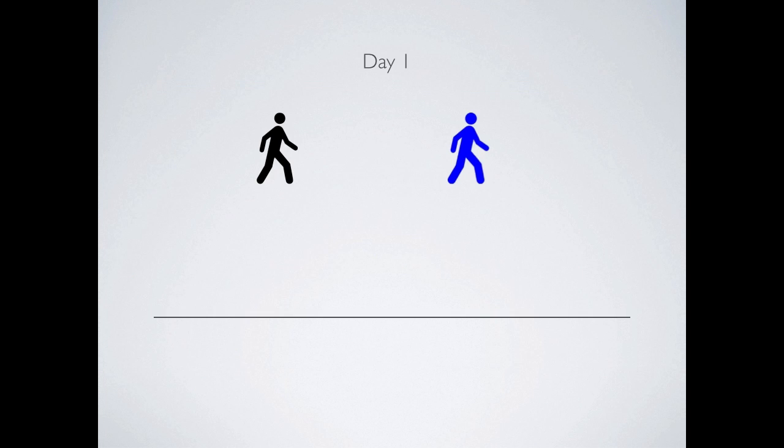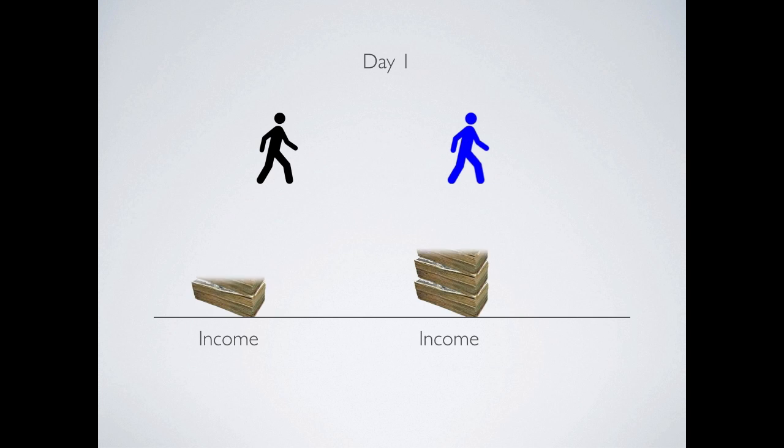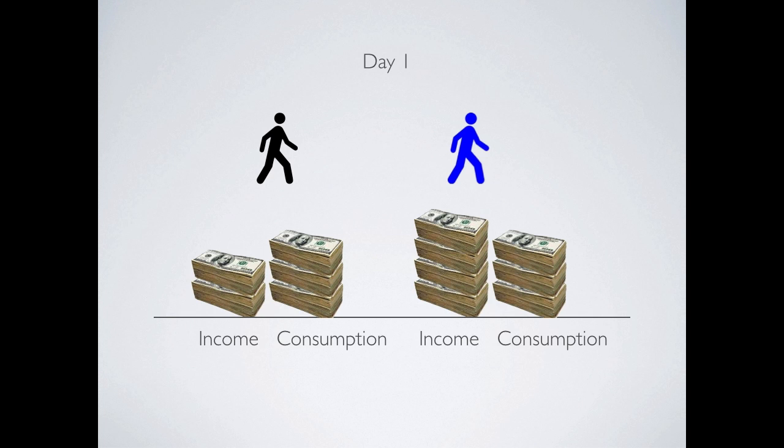So if we put the black and blue person together, what we observe is that in day 1, suppose day 1 is today, then for today we observe that these 2 persons have different income levels, but somehow they have the same consumption level. How can that happen?